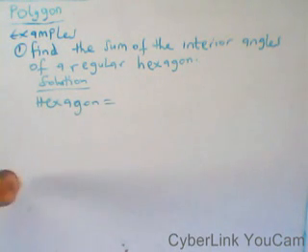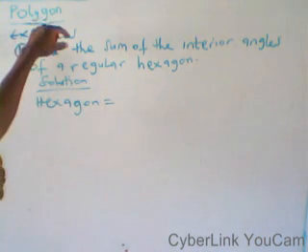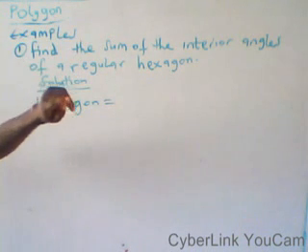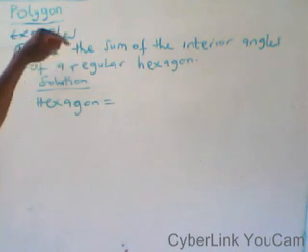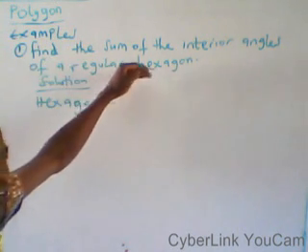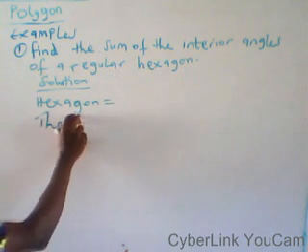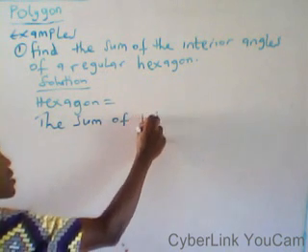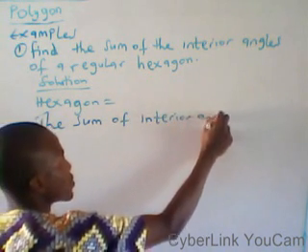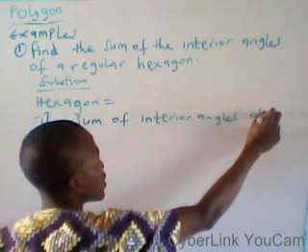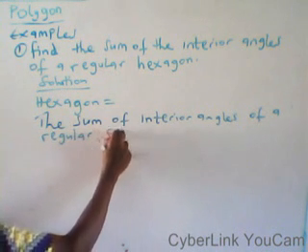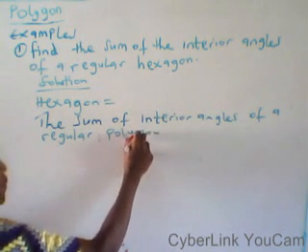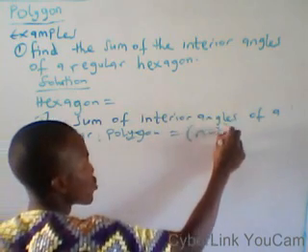The first thing we need to know is that we already know the formula: the sum of interior angles of a regular polygon is equal to (n minus 2) times 180.